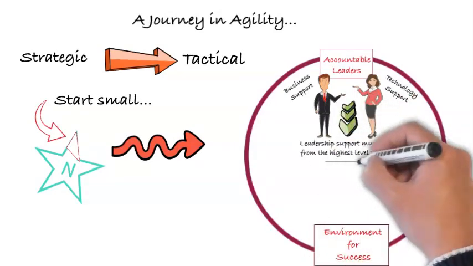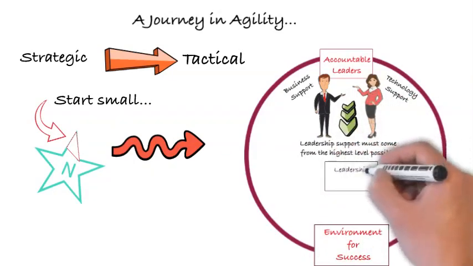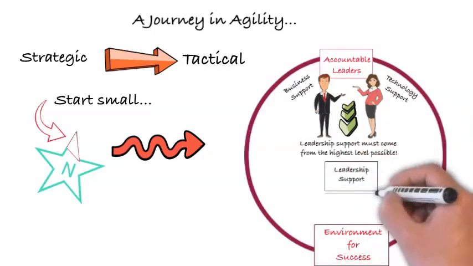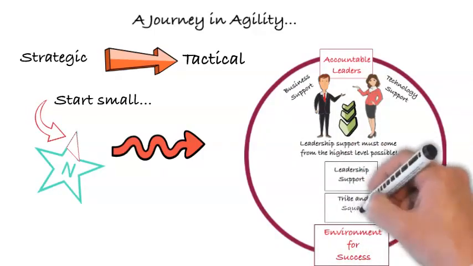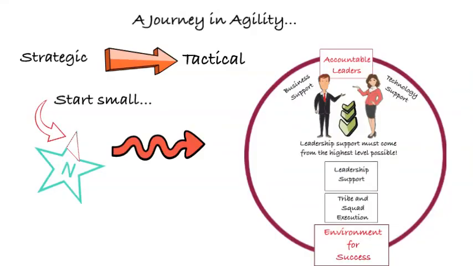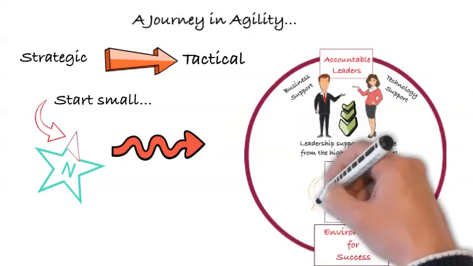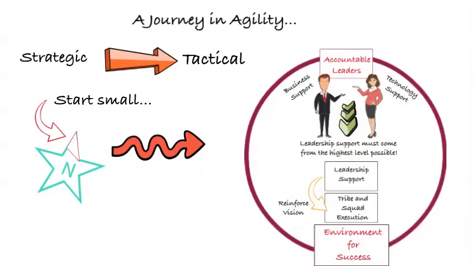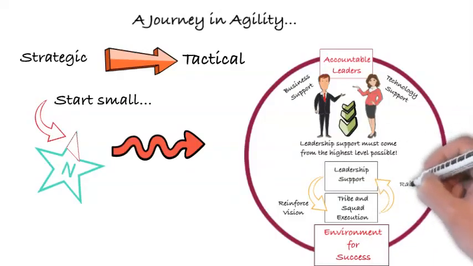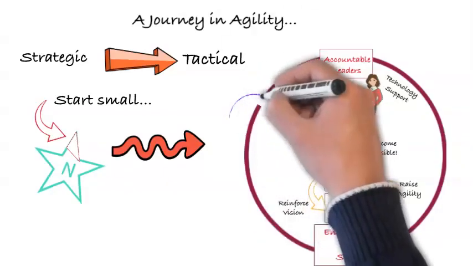Developing a close working relationship between the leaders and those executing the work is crucial to the ultimate success in the agile transformation. It is the job of the leaders to continually reinforce the vision created during the strategic phase. It is the job of the tribes and the squads to continually raise the agile maturity of the organization.